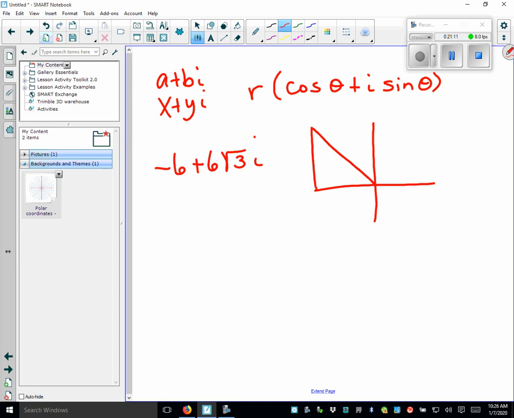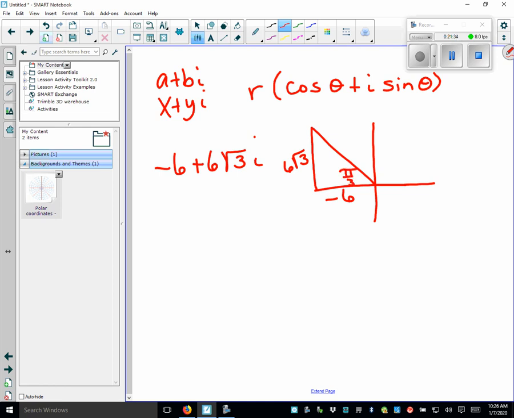If this is -6 and this is 6 radical 3, what would my angle be? Well, your reference angle is... That's what I mean, my reference angle. Pi over 3.